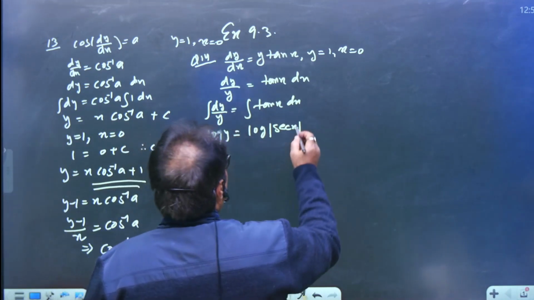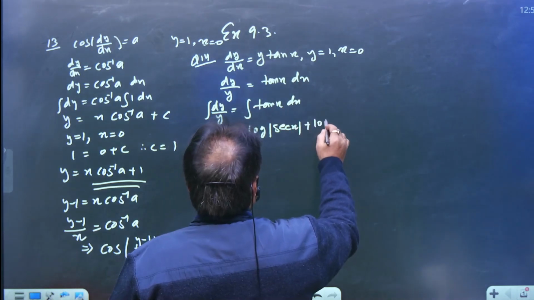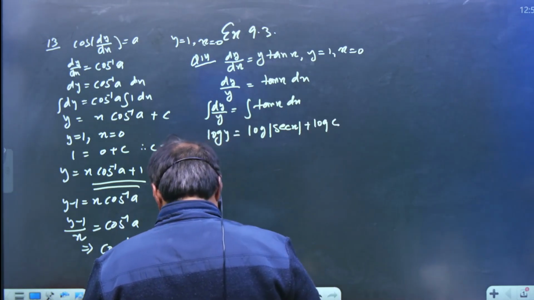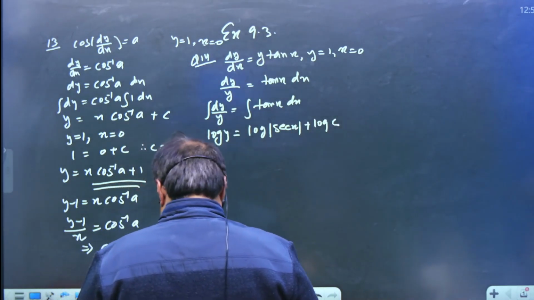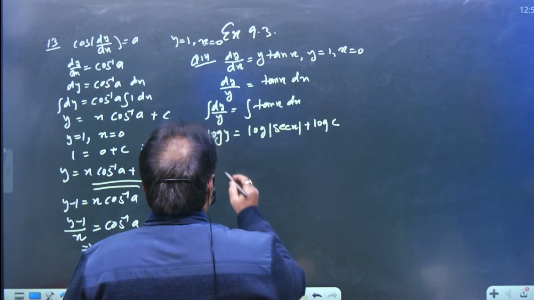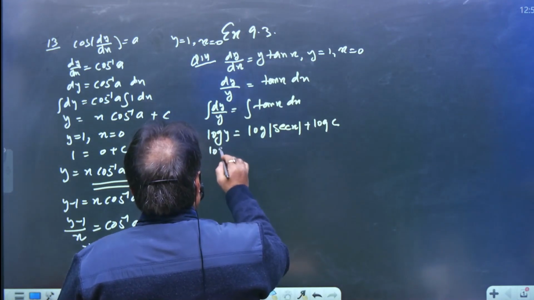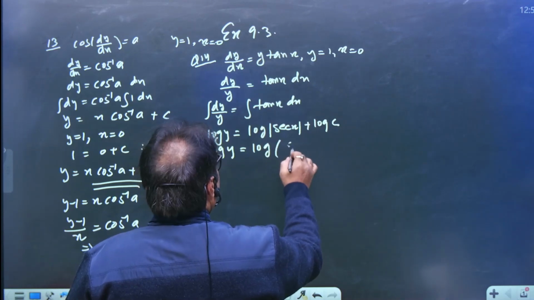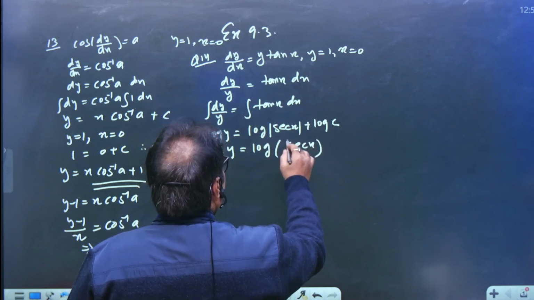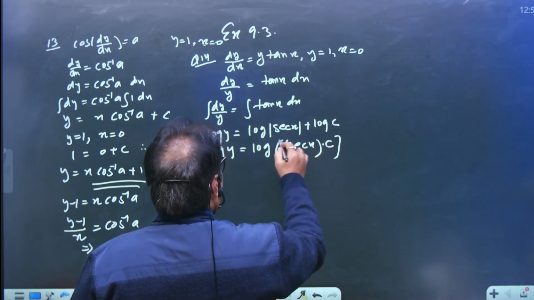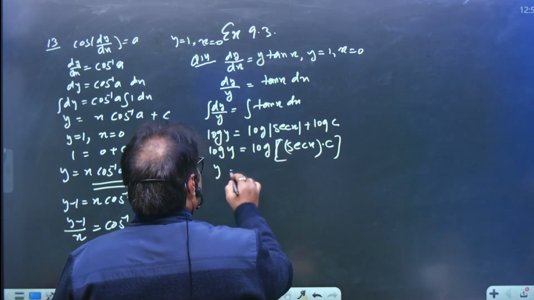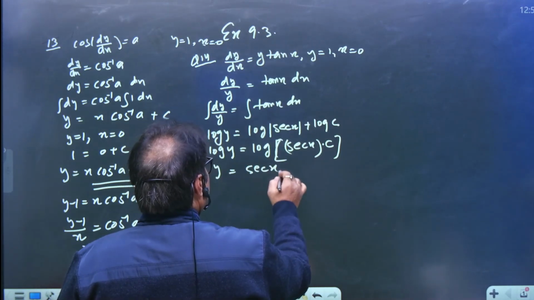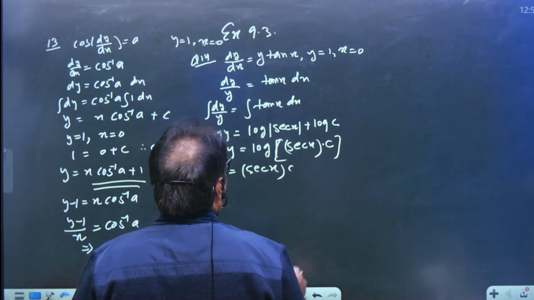And plus c, we can take log c. So log y is equal to log of sec x into c. Okay. So y is equal to sec x into c.